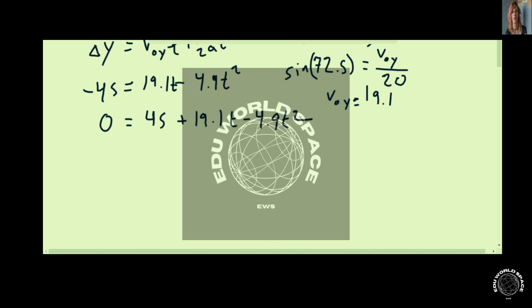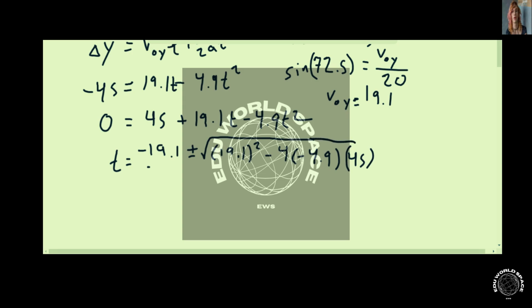We can use the quadratic formula, where t is equal to negative 19.1 plus or minus the square root of b squared, 19.1 squared, minus 4ac, all over 2a.